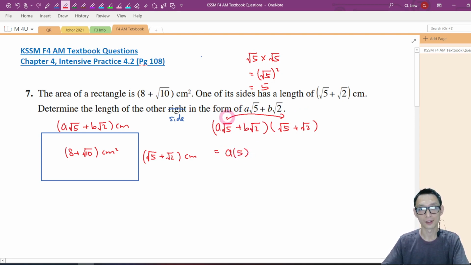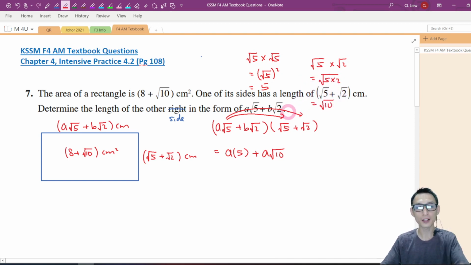Okay, now go to the second term. This one times the second term inside the parentheses here will give us positive a square root of 10. Why? Because square root of 5 times square root of 2 is equal to square root of 5 times 2, which is equal to square root of 10.